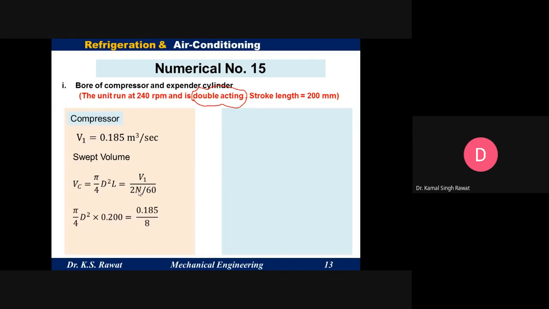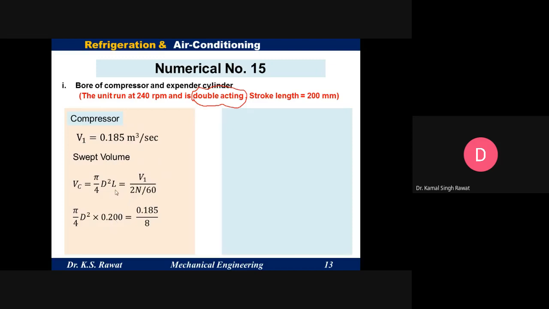So now let's put the value: pi by 4 d square into the value of L, converted into meter, so it is 0.2, into the value of V1. Since it is in meter cube, if we are putting the value in mm, we have to also convert meter cube into mm cube.